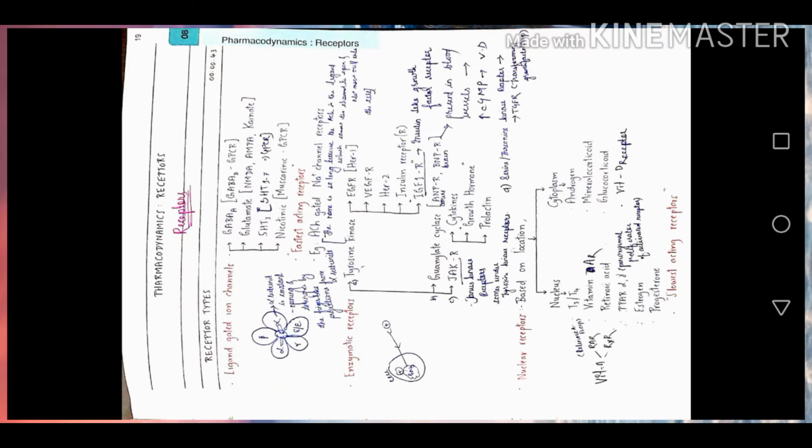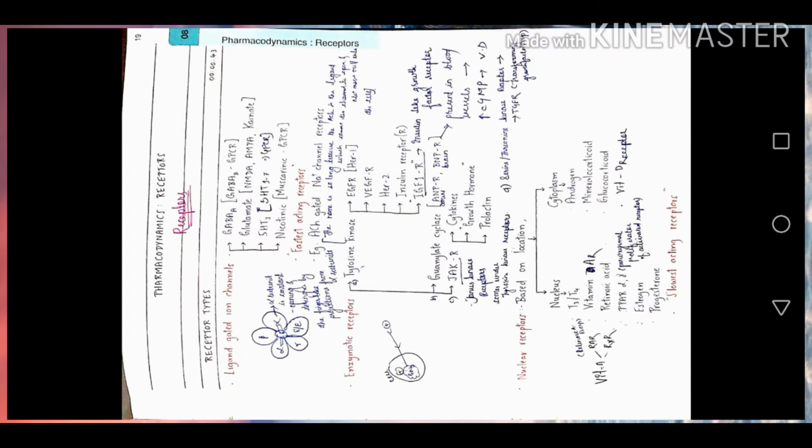So the examples of receptors present in the nucleus are the T3, T4, that is thyroid hormone receptors, vitamin A receptors, that is RAR and RXR, the retinoic acid receptor and retinoid X receptor. Then PPAR, peroxisome proliferator activated receptors.